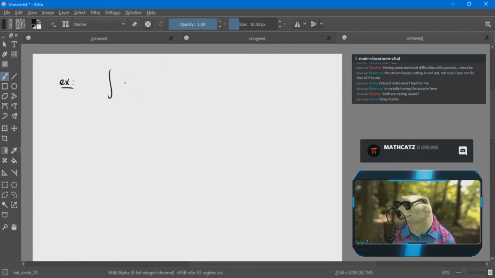If, for example, I have e to the x squared times 2x, so what I see in my integral is some part is a function of a function, and there's some other parts as well.